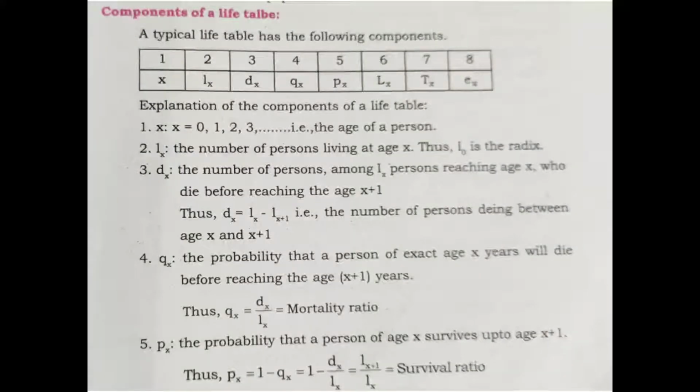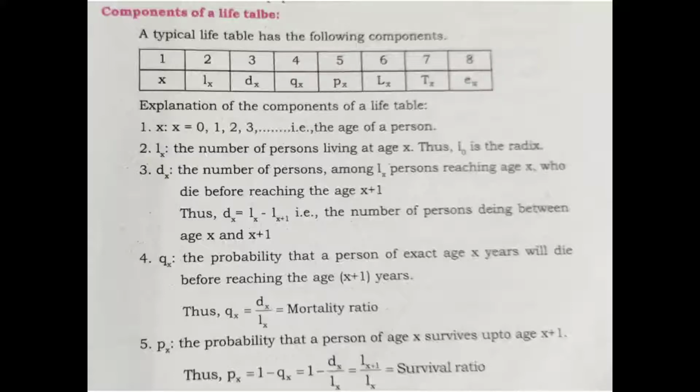Thus dx is equal to lx minus lx plus 1, that is the number of persons dying between age x and x plus 1. So dx is nothing but the number of persons dying between the age x and x plus 1, where dx is equal to lx minus lx plus 1.